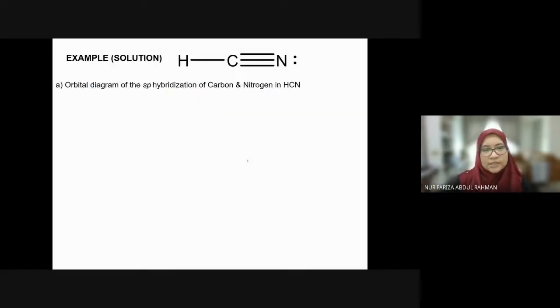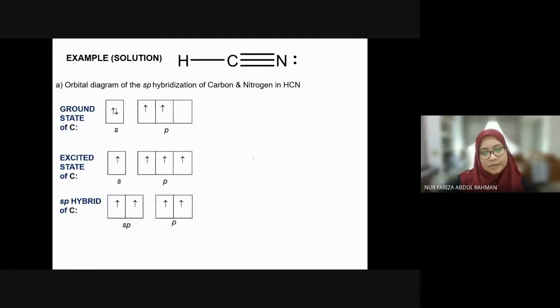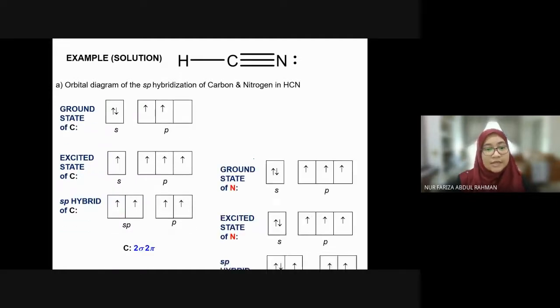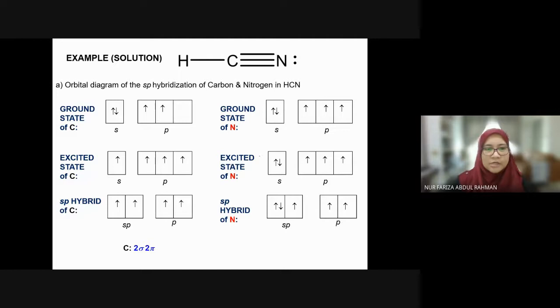So let's start with the orbital diagram first. As you can see, you have two, carbon and nitrogen. Same as just now, carbon and carbon earlier. The reason it was not shown is because they form the same hybridization.